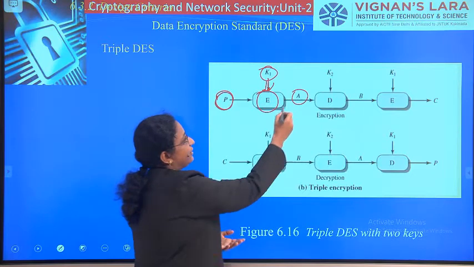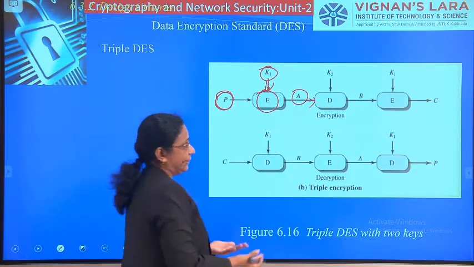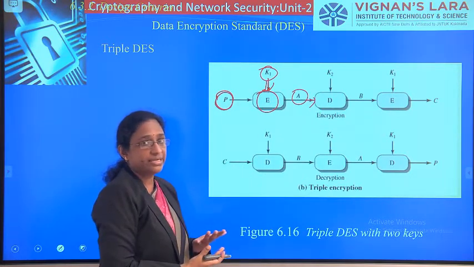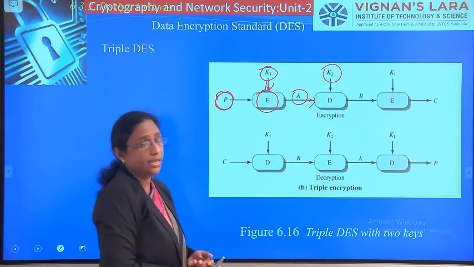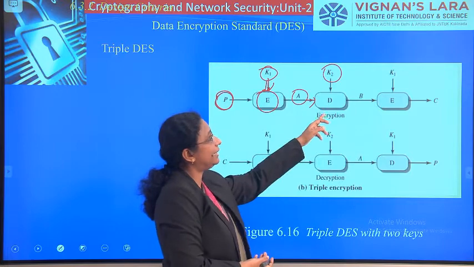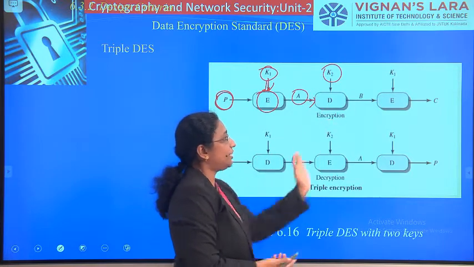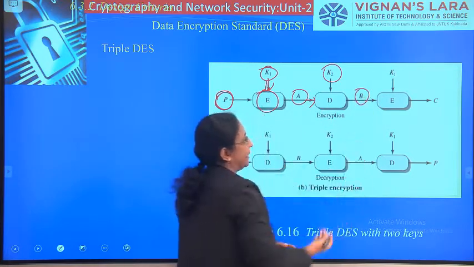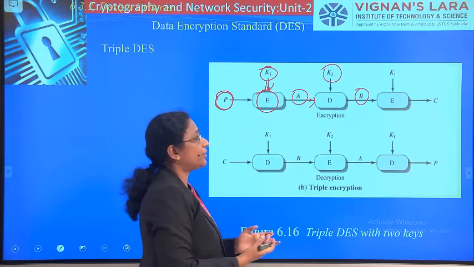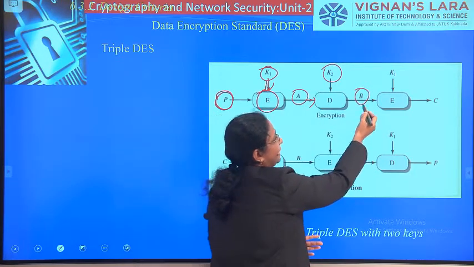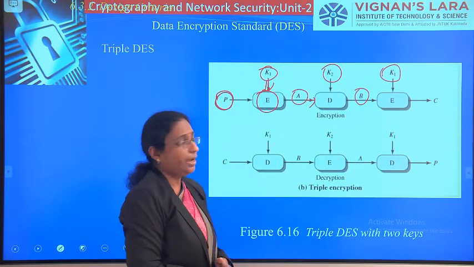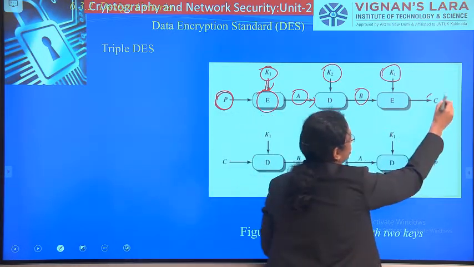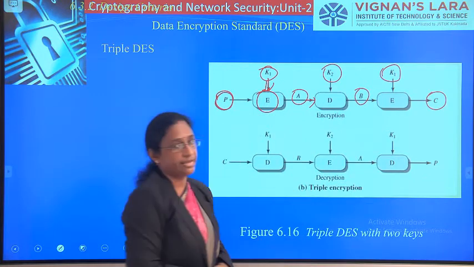This ciphertext A is then decrypted with key K2, so we get some plain text B. Then this plain text B is encrypted again with the key K1, and finally we get the final ciphertext.